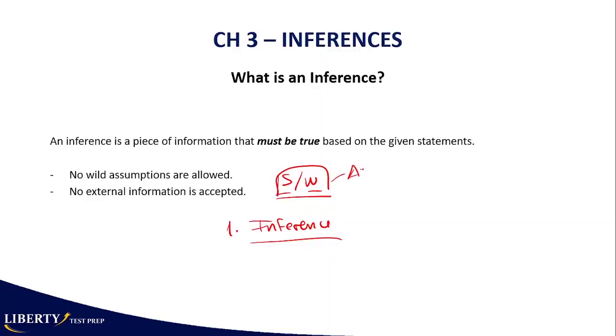The assumptions that we're going to see later, the assumption question type is also based on strengthening and weakening. Okay? And so are some other ones. But the inference is different. It doesn't follow any of the other theory we've been seeing other than introduction. Of course, introduction is still helpful for us because we need to know what is a fact and to be able to distinguish it clearly from an opinion.